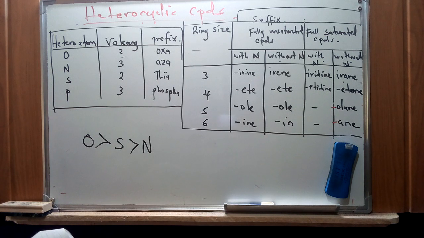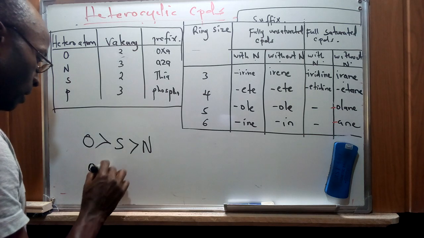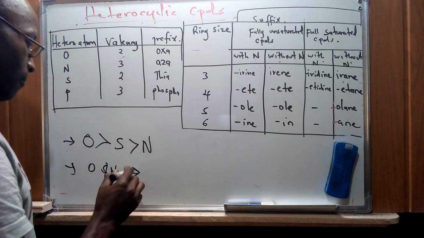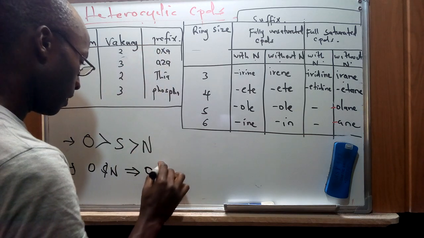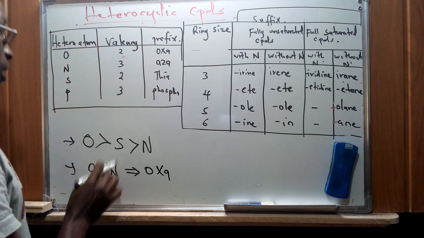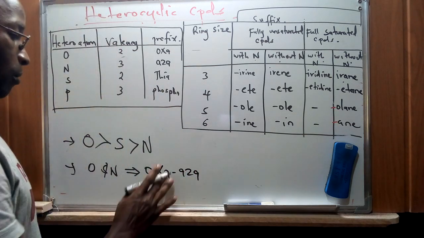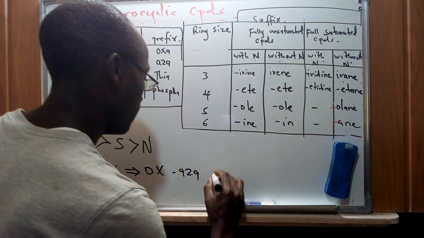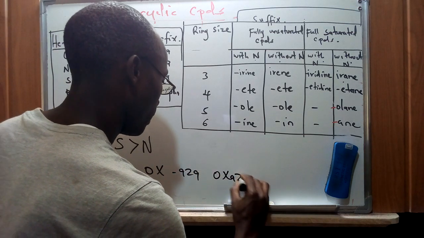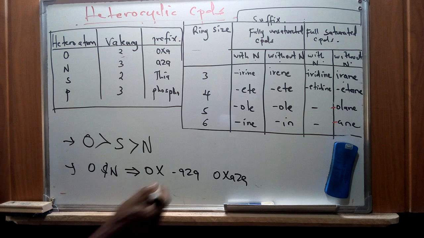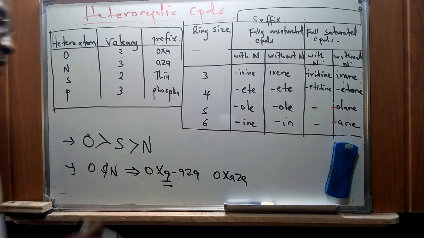Now, for instance, for a compound that contains oxygen and nitrogen, we're going to follow this order of preference and find that for oxygen it's oxa, and then for nitrogen it's going to be aza. Therefore we're going to remove this A, it is oxaza. Now the prefix for that one will just appear as that. So therefore this is also the similar order that we're going to use for other compounds.